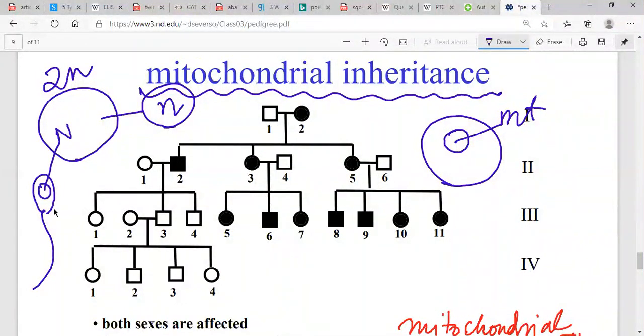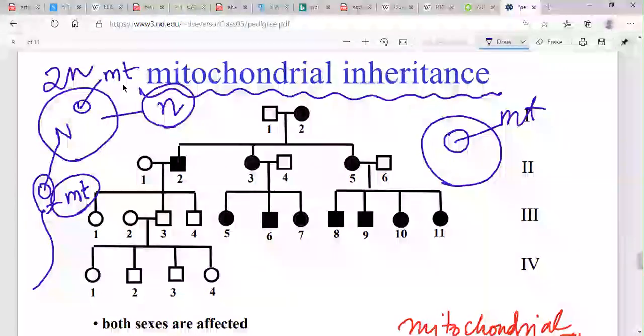So the male doesn't contribute mitochondria through its sperm. So definitely all the mitochondria that we have are coming from the mother. All the mitochondria and cytoplasm that we have right now are from the mother, but the father is only contributing the chromosome.